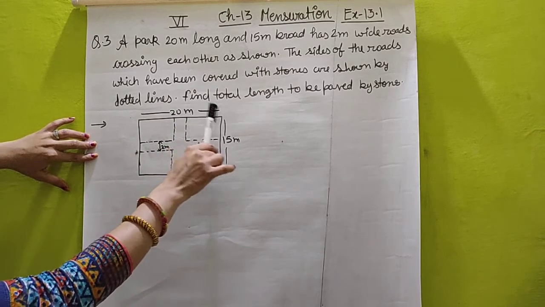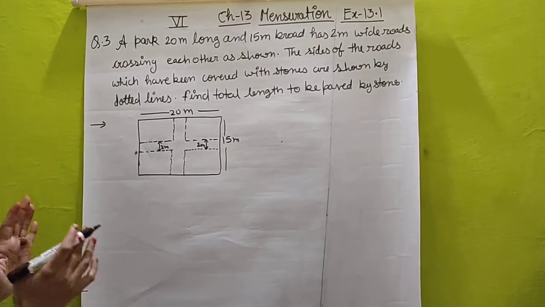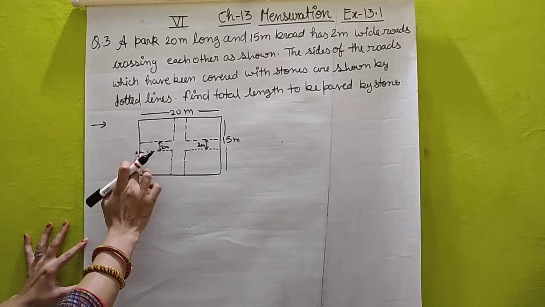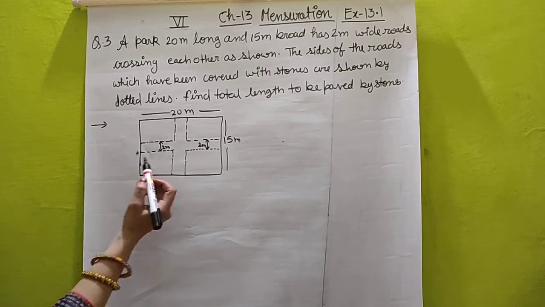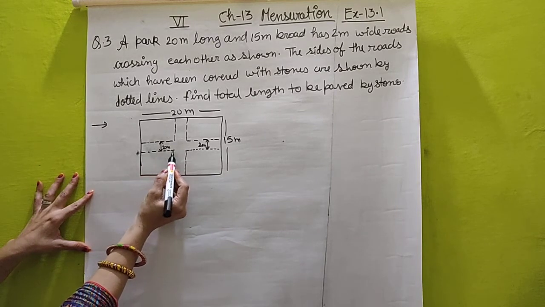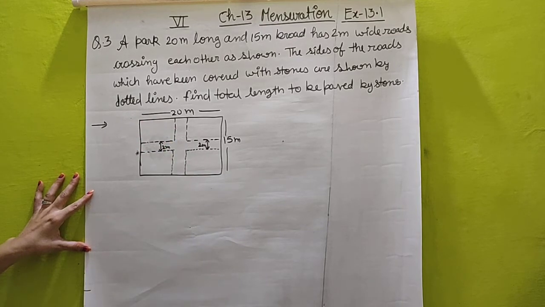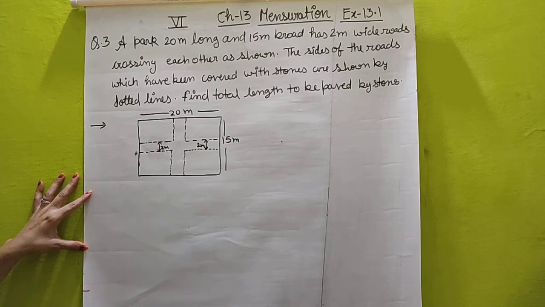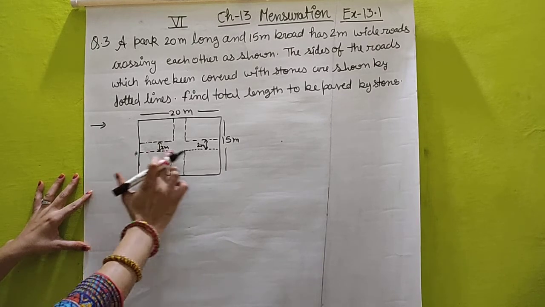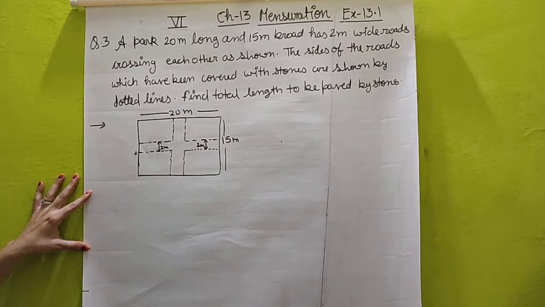Now find the total length to be paved by stones. Here we are to find only the length that has been covered with stone. You can see the dotted lines here and here. So first of all, we can give names to this park, because we only have to find the length of the roads, that is, the length of the dotted lines.